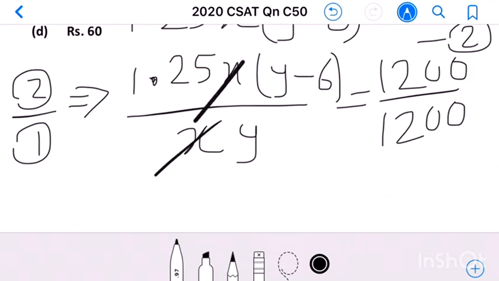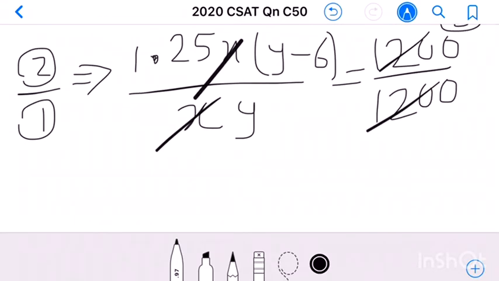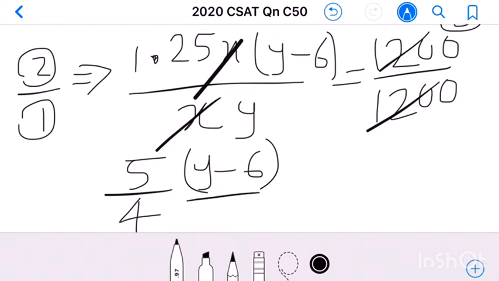Then X gone, 1200 gone. For easy simplification, 1.25 we can write as 5 by 4. 5 by 4 equal to 1.25. (Y minus 6) divided by Y is equal to 1.